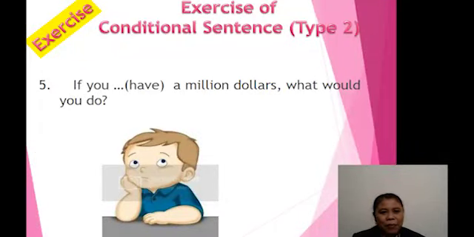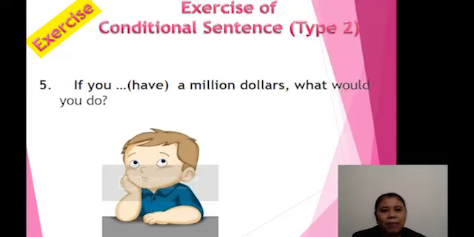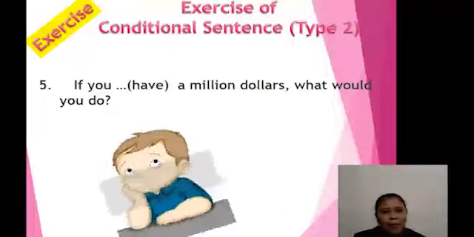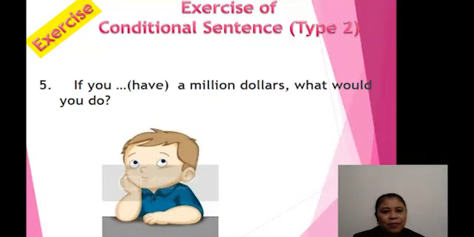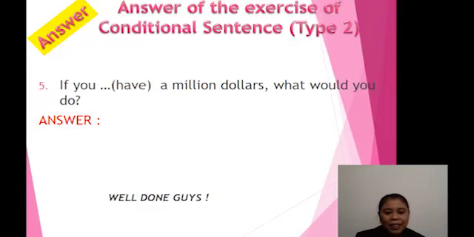Now let's go to exercise number 5. If you have $1,000,000, what would you do? Think about the answer. Oh yeah, the second form of have. Okay, let's check the answer.